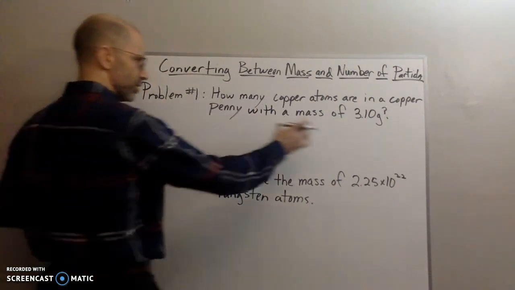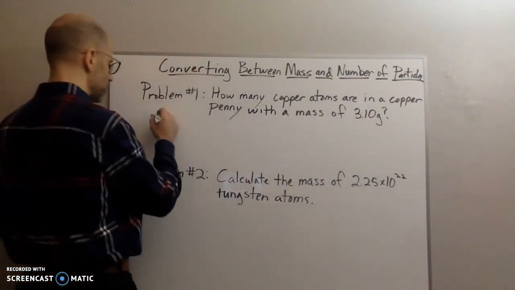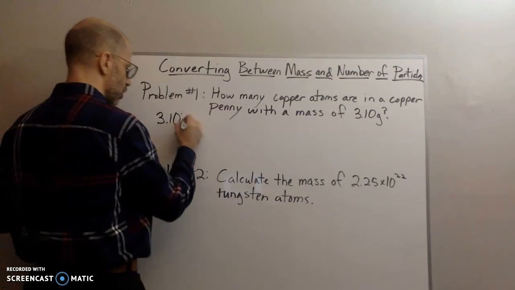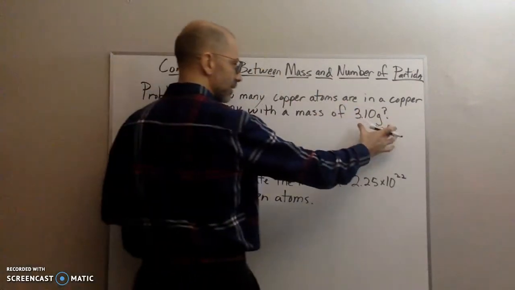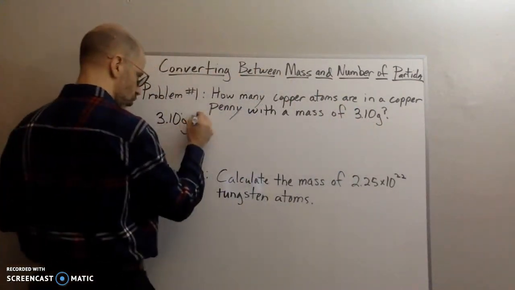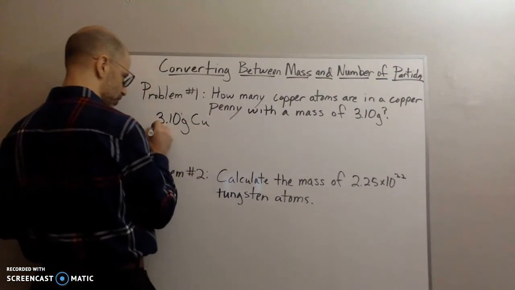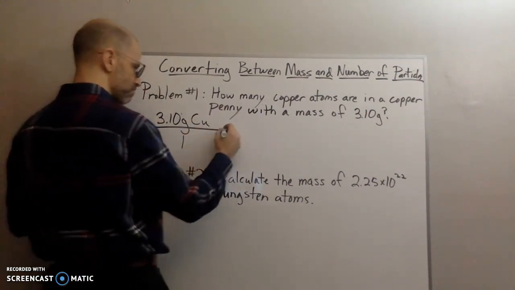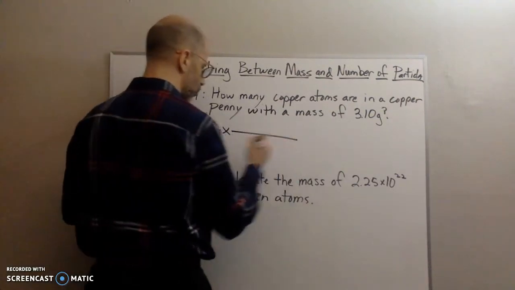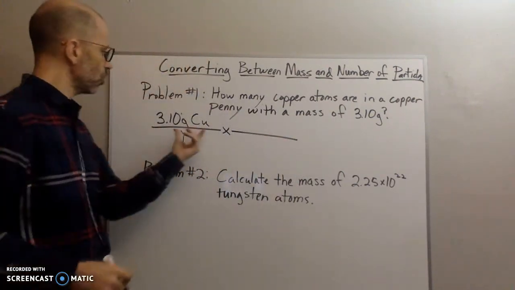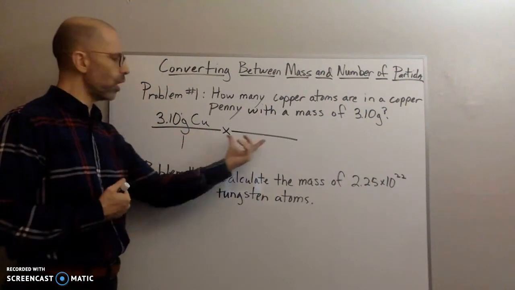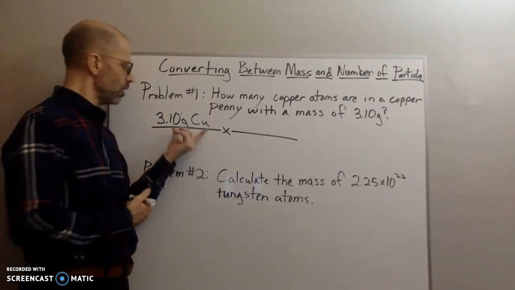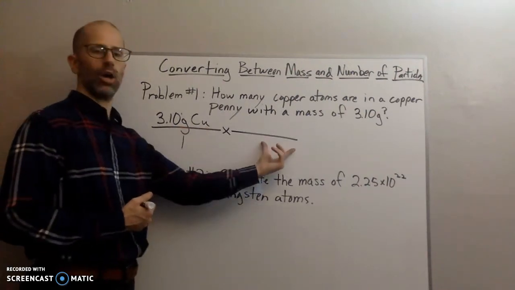So we're going to start with what they gave us, 3.10 grams. We're assuming that this is pure copper, so this is 3.10 grams of copper over 1. And then we have to start converting. To figure out what comes next, we look at what's on top, grams of copper. Whatever is on top has to go on the bottom.